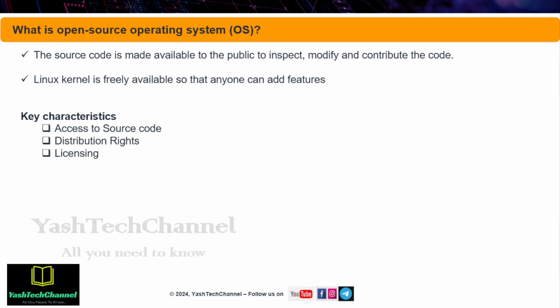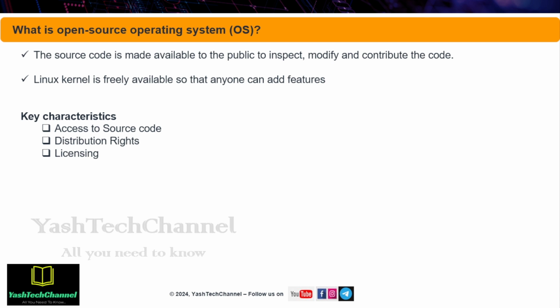There are also other open source software, like Linux, Apache HTTP Server, Mozilla Firefox, and the GNU compiler. We have many different kinds of open source software out there right now.